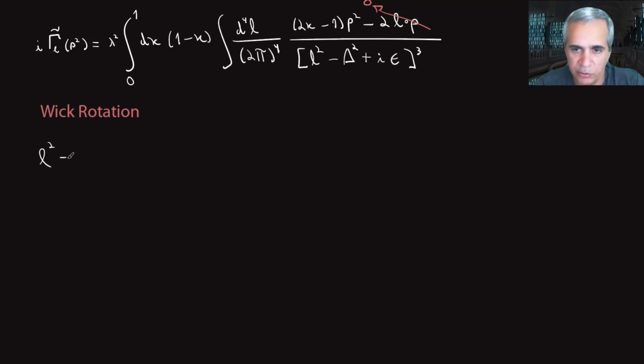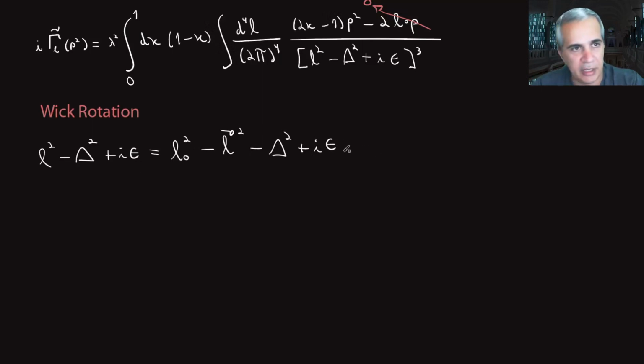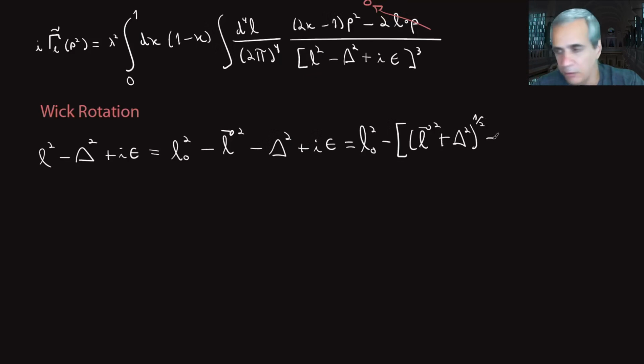L squared minus delta squared plus i epsilon can be written, in the metric we're using, as L0 squared minus L vector squared minus delta squared plus i epsilon, which then I can group and rewrite as L0 squared minus (L squared plus delta squared) to the power half minus i epsilon, everything squared.